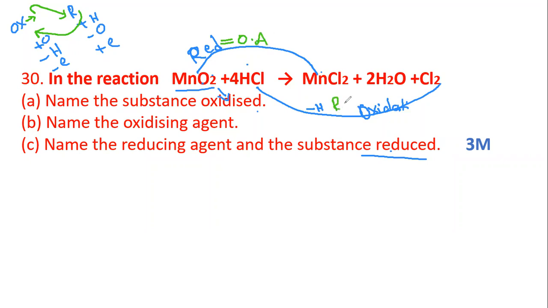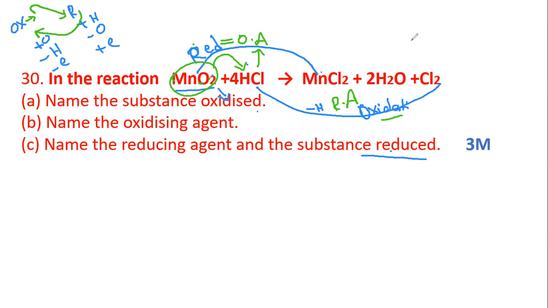This is the reducing agent. Got it? HCl is involved in oxidation, but it is promoting others to be reduced. MnO2 is involved in reduction, but it is motivating others to be oxidized. Okay, got it?